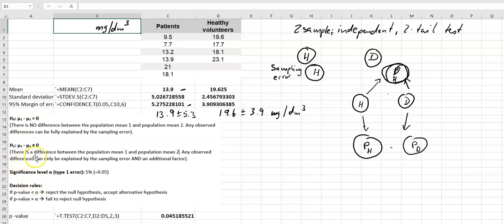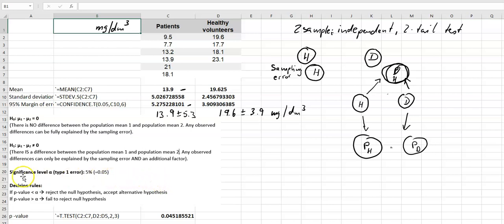And we can say there is a difference between population mean 1 and population mean 2. And the observed differences that we see in the samples can only be explained by the sampling error and an additional effect, namely that they come from different populations.